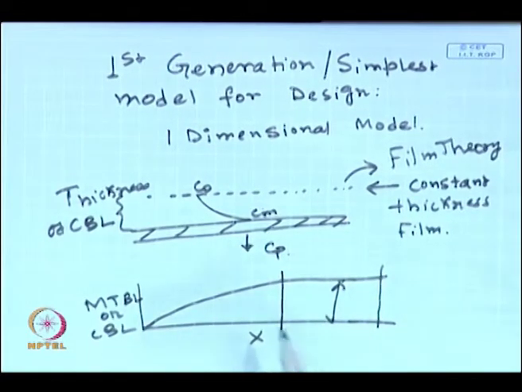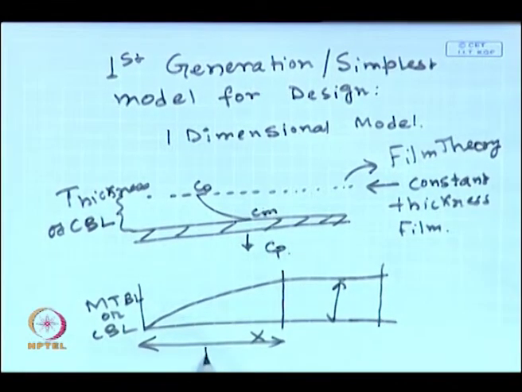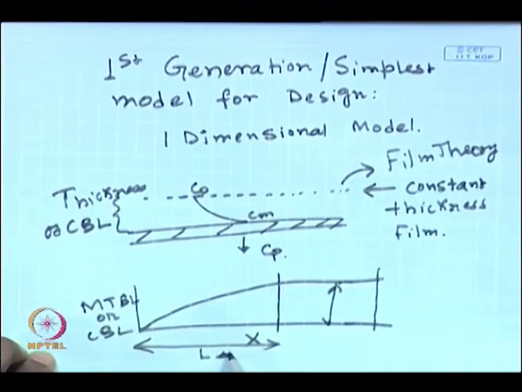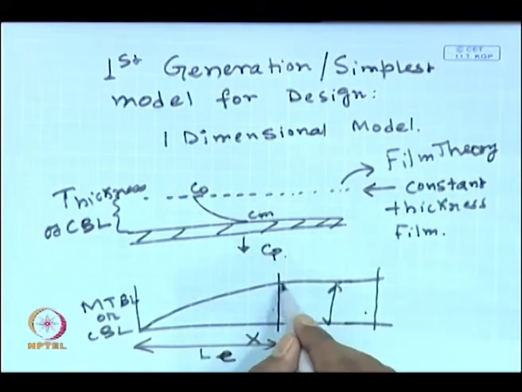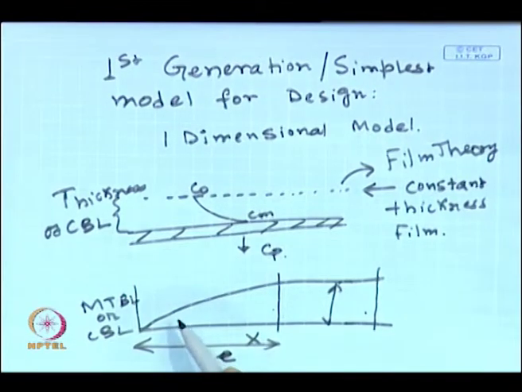Now, I will try to give an idea of the shortcoming of this first generation model. The developing region of the mass transfer boundary layer is called the entrance length, right? And this is the fully developed mass transfer boundary layer. In the developing region, the thickness of the mass transfer boundary layer will be small and gradually increasing.